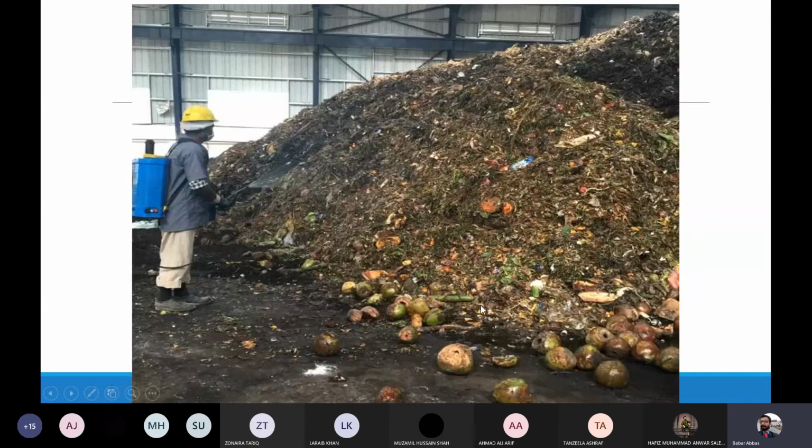This is the basic setup in which you can easily understand that the organic waste has been shredded to a uniform size for effective biodegradation.